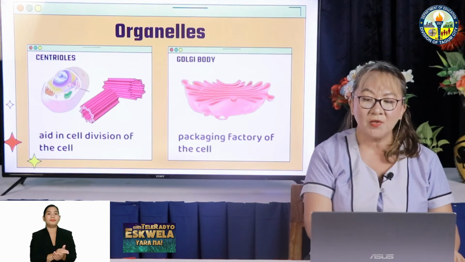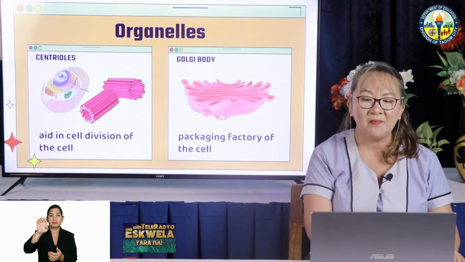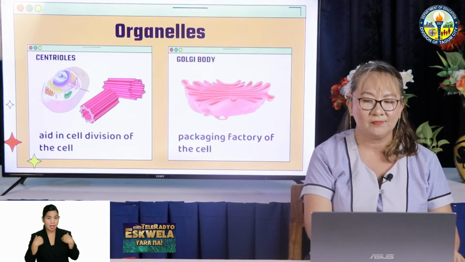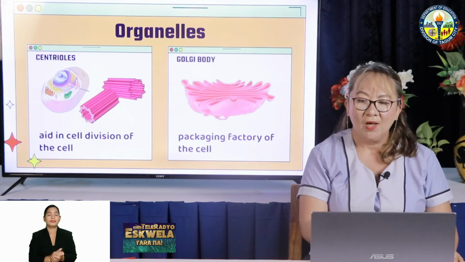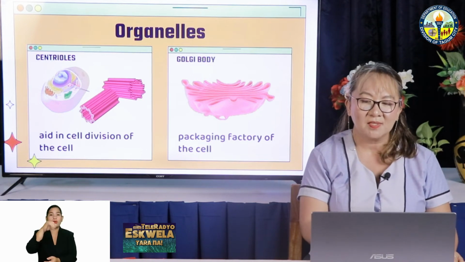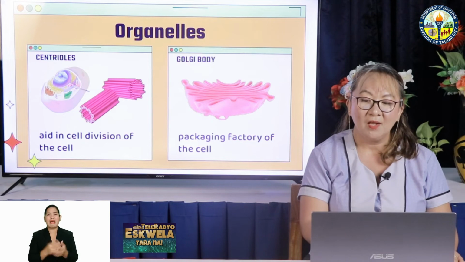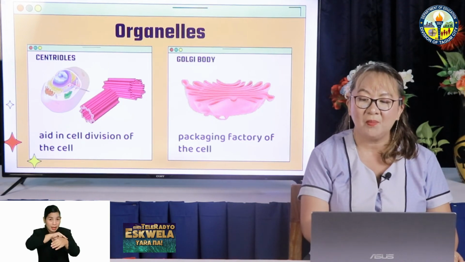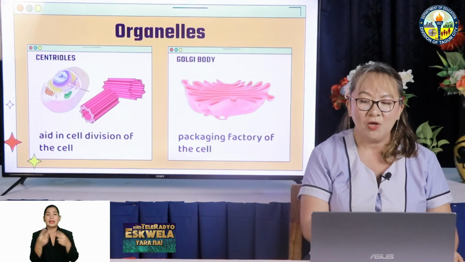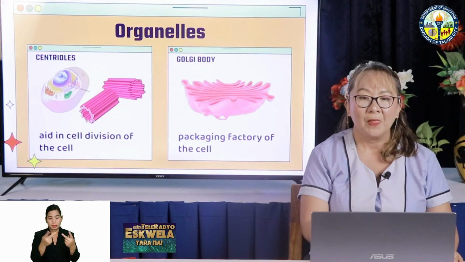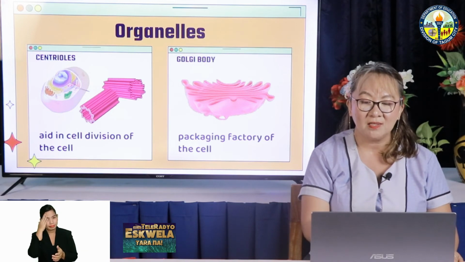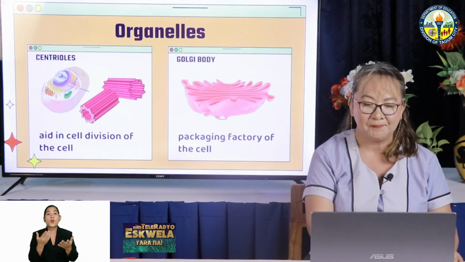Centrioles. The centrioles can only be found in animal cells and is vital during cell reproduction. The Golgi body, along with its many names, the Golgi apparatus, the Golgi complex, is a membranous structure consisting of layers of flattened sacs used for processing and transporting proteins. They are also known as the packaging factory of the cell.